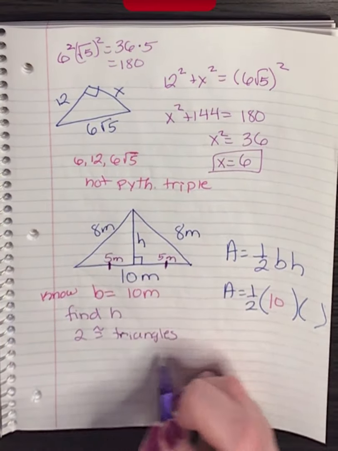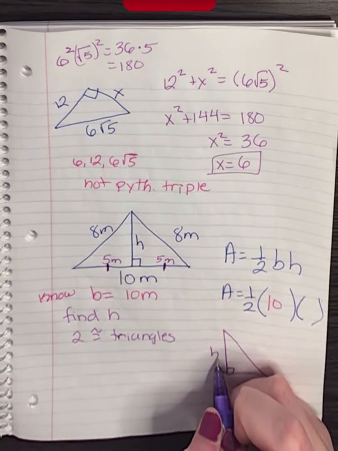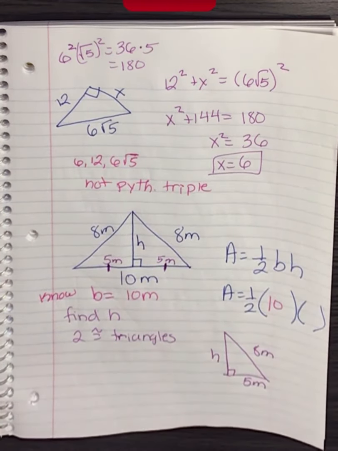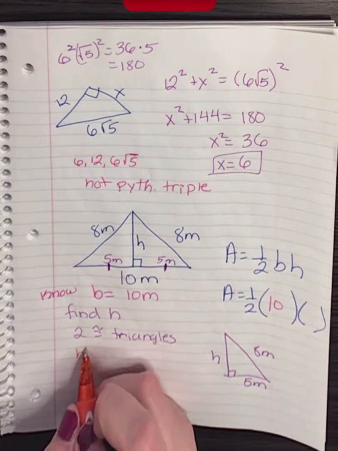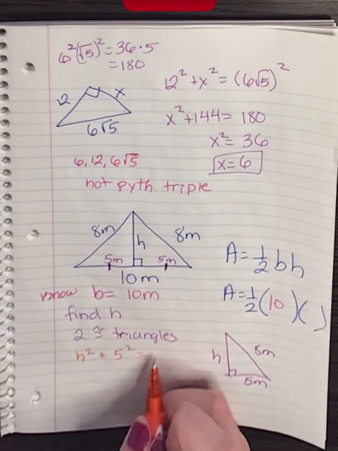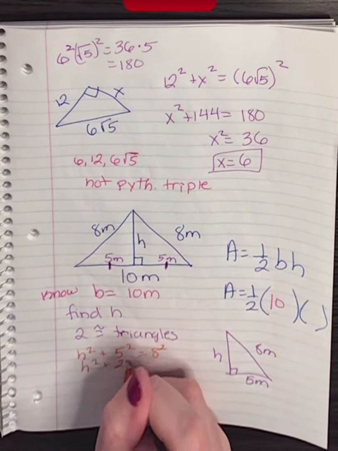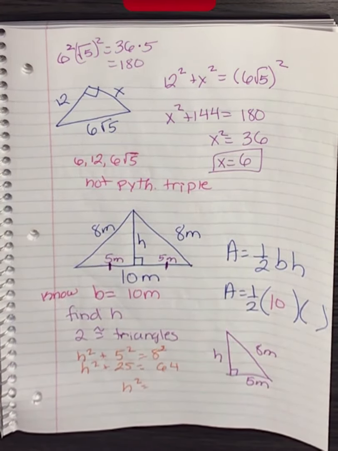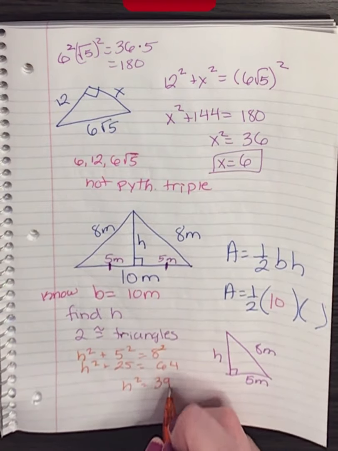We're going to use that now. h is the height here. One side is 5, one is 8. How can we find the height? Well, this is a right triangle, so the height is a leg. So the height squared plus 5 squared equals 8 squared, because 8 is your hypotenuse. We solve for h. So h squared plus 25 equals 64. h squared equals 64 minus 25, which is 39.